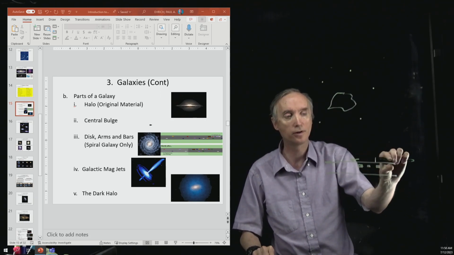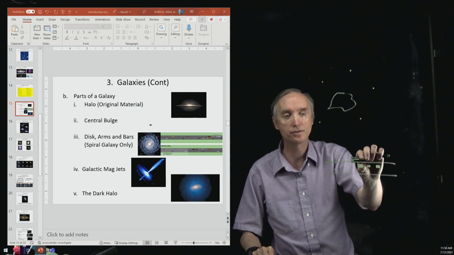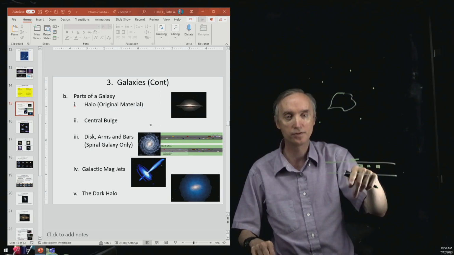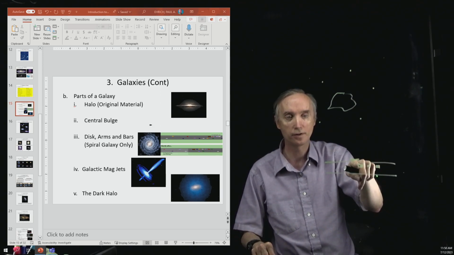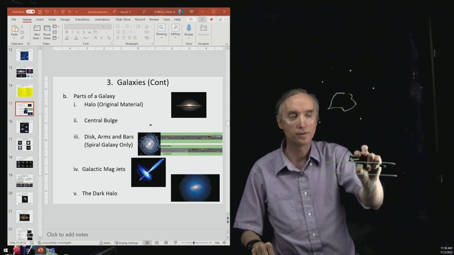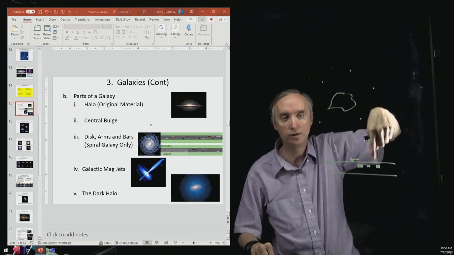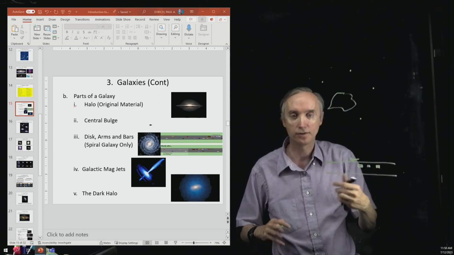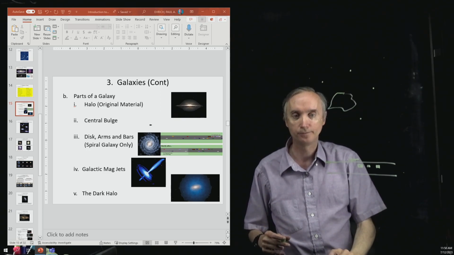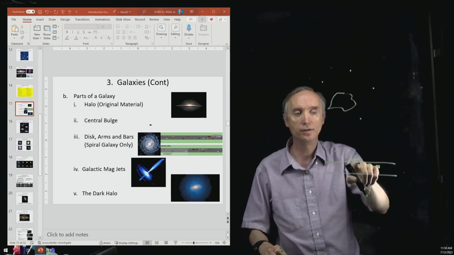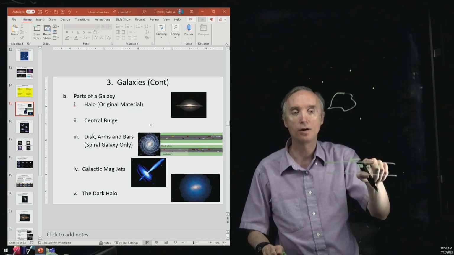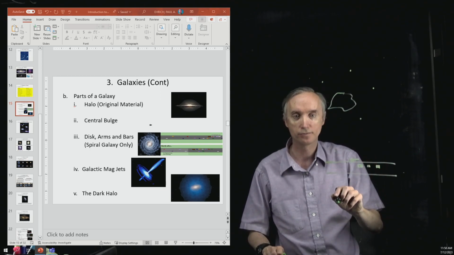These cars are getting concentrated behind this truck because of the speed of this truck. So this is going to represent the density wave that is going to be going around and around in a spiral galaxy. Now, the individual cars are going to be stars.